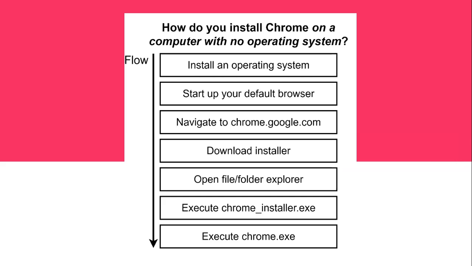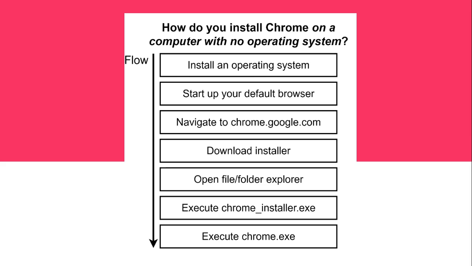Suppose there is an example where you want to install Google Chrome on your system which has no operating system. So what will we do? Will you install Chrome directly? No. The first thing we'll have to do is install an operating system. Then once you have the operating system, you get a web browser.